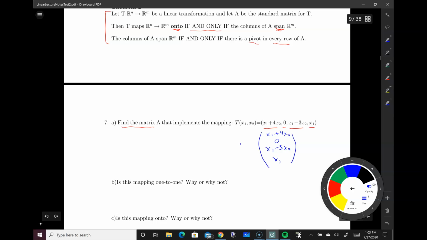I want to make sure you're really comfortable that this is what the transformation is. So how can we find the matrix A? I need to find out what I would multiply times x1, x2 to get this. I want to make sure you're really comfortable with this.